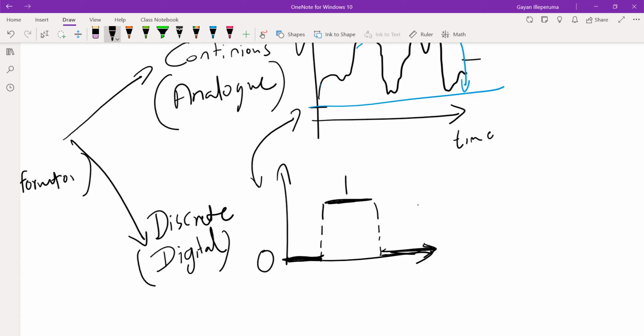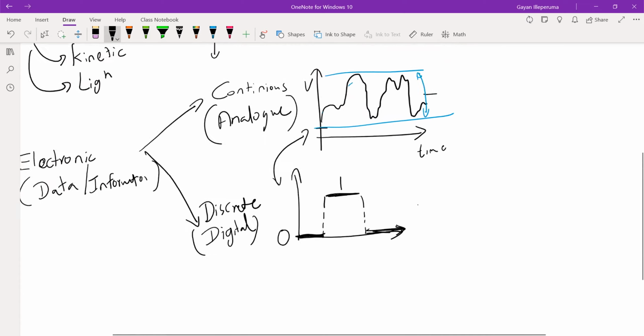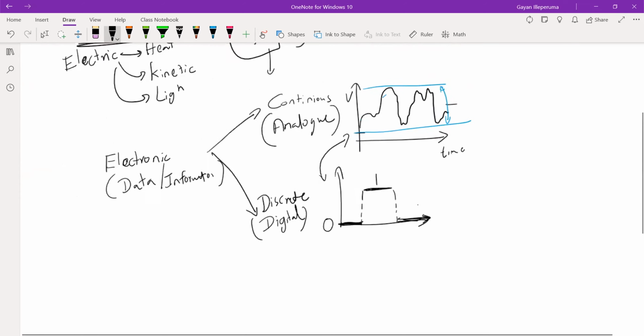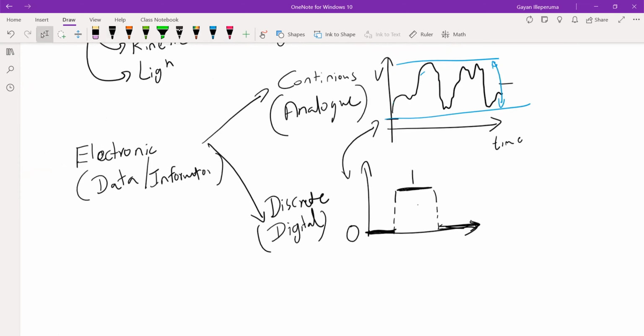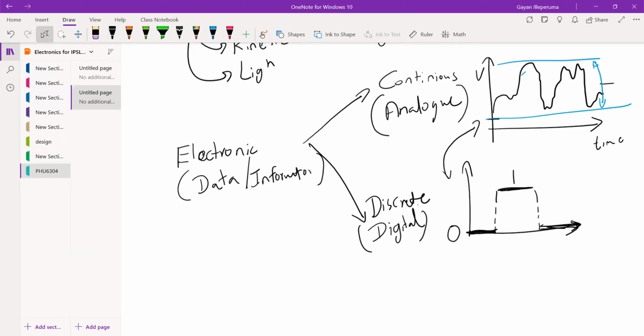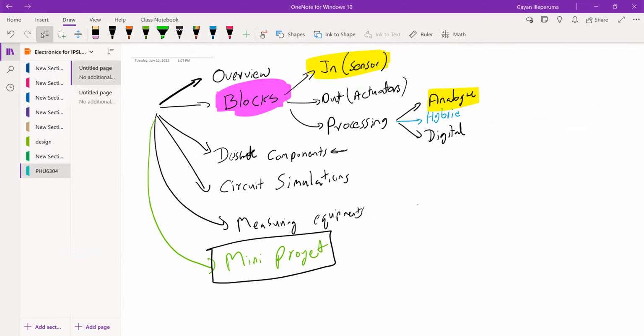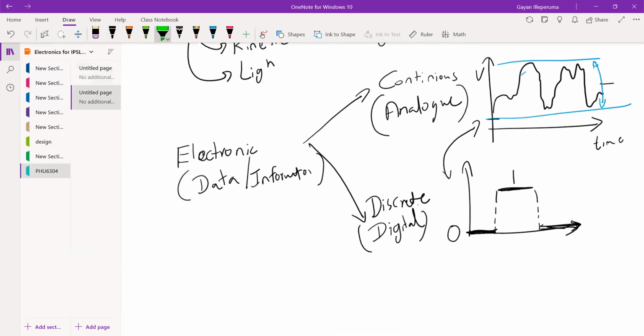These are called ADCs and DACs. Right, so that's some basics about what we are going to go through. That's why we have analog and digital and hybrid in the middle.